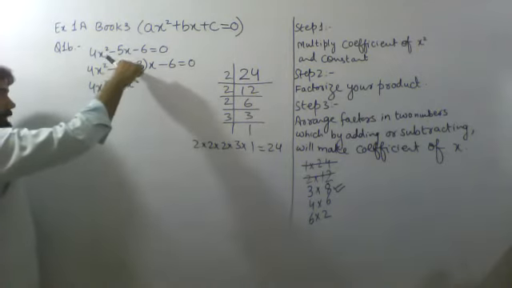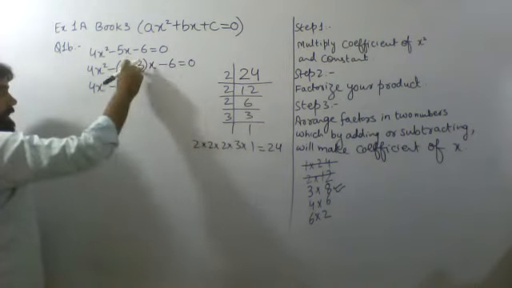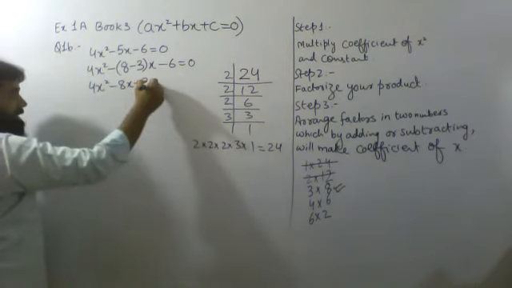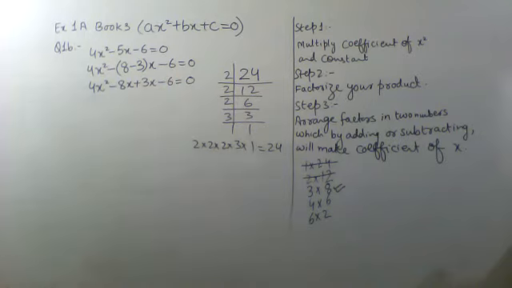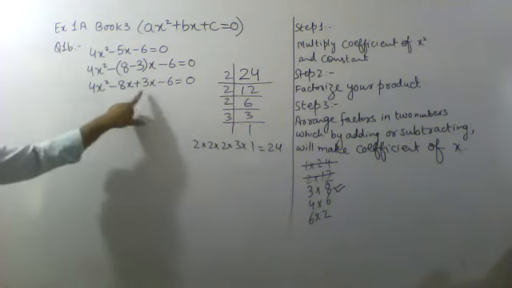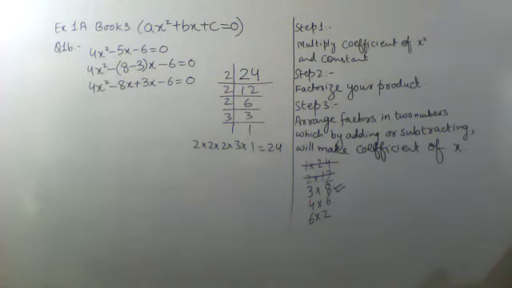Minus multiplied by plus, minus into minus will be plus, and 3 into x will be 3x, minus 6 equals 0. You can see minus 8x plus 3x, when I simplify these two, the result will be minus 5x.